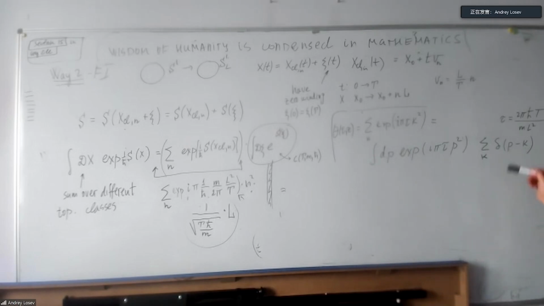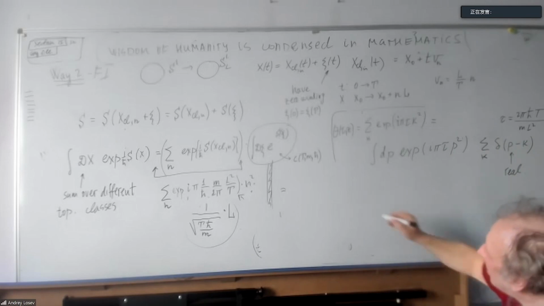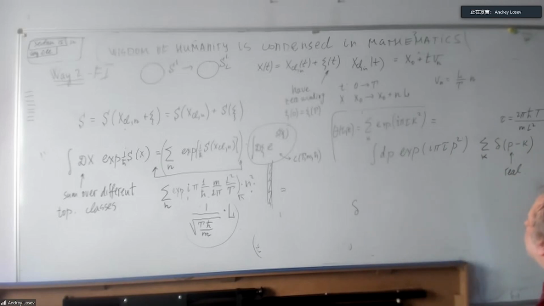So now p is real. Here this would be a Gaussian integral that would reproduce 1 over square root of tau. But now I would like to understand how I can get such a delta function.